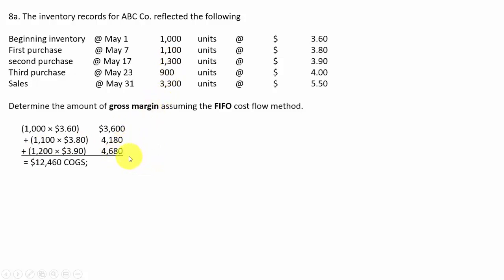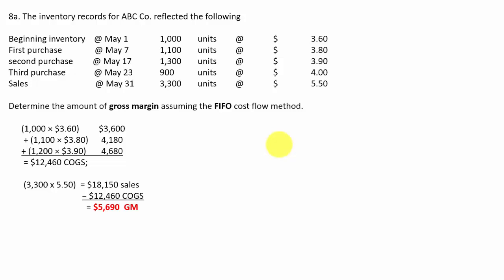So our cost of goods sold, selling all of these at these prices under FIFO, first in, first out, would be $12,460, and they want to know gross margin. So if we sold 3,300 units at $5.50 apiece, that's $18,150 in sales, minus the cost of goods sold here at $12,460. That gives us a gross margin of $56.90.